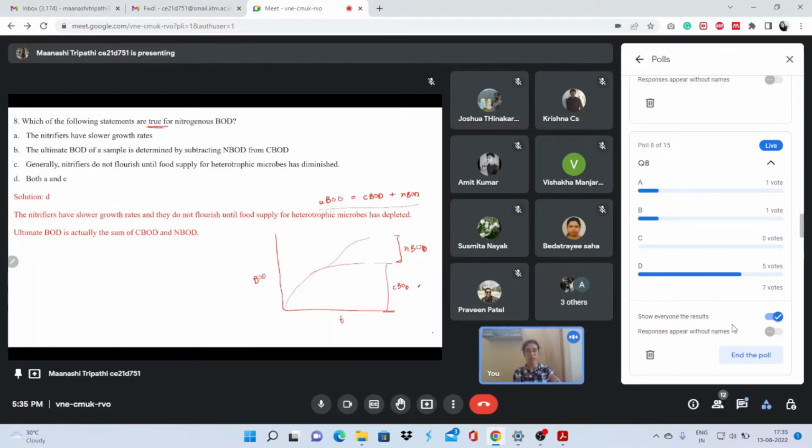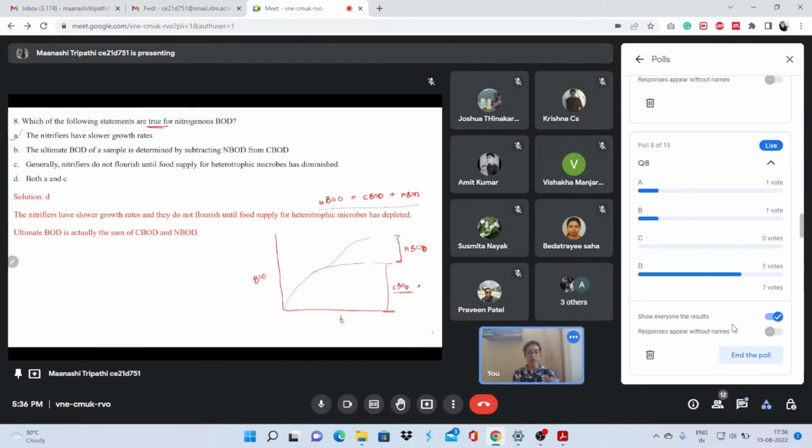The nitrifiers, the organisms that convert ammonia to nitrate, are autotrophs. Autotrophs are slow. That is why nitrifiers have slower growth rate, and the microorganisms that consume CBOD are heterotrophs. I hope you know the difference between autotrophs and heterotrophs. Can anyone answer in the chat box the difference between autotrophs and heterotrophs?